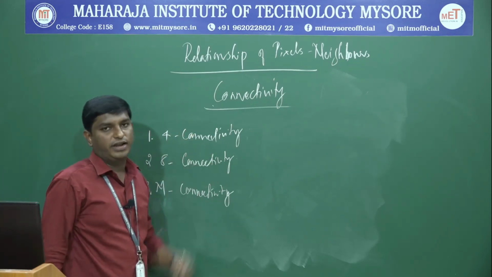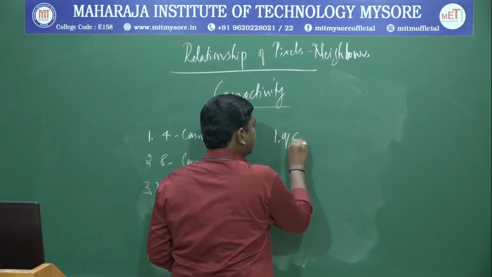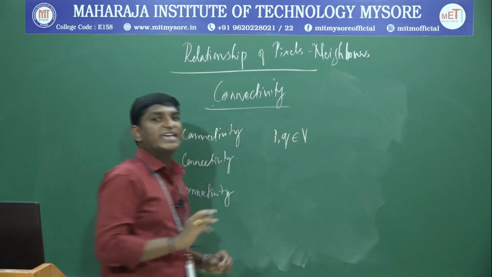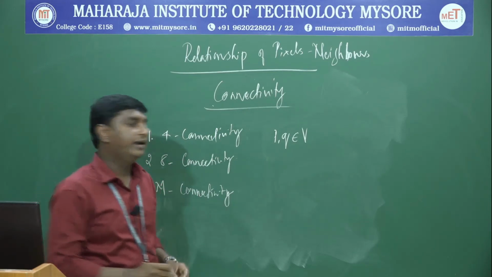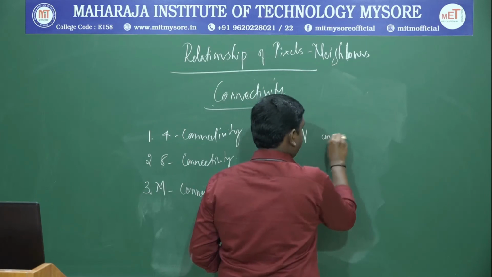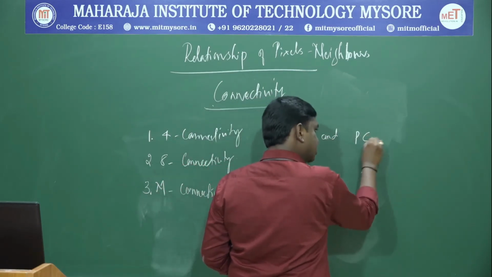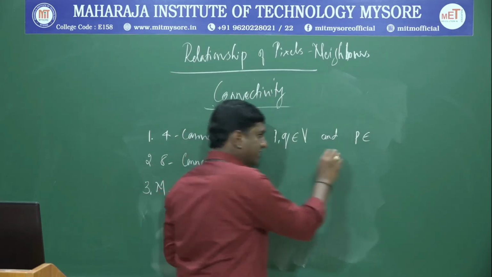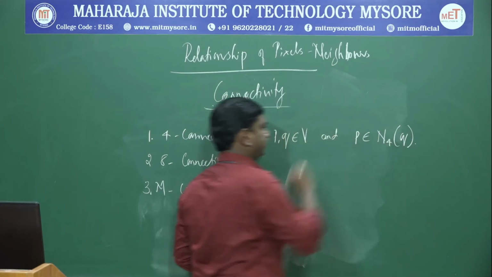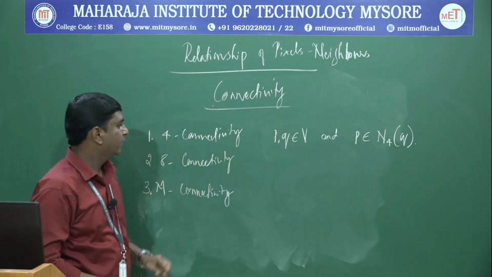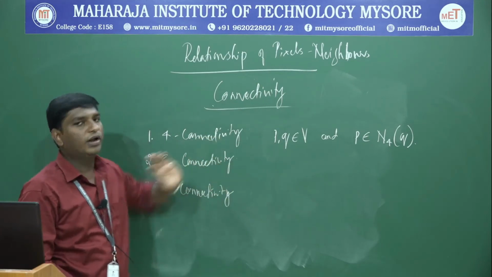First we will discuss 4 connectivity. P and Q should belong to the same set of gray levels, say V, and this pixel P should belong to N4 of Q. If these 2 conditions hold good, then we say that P and Q are connected.